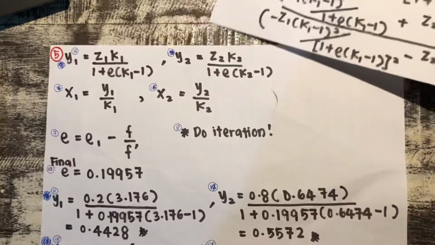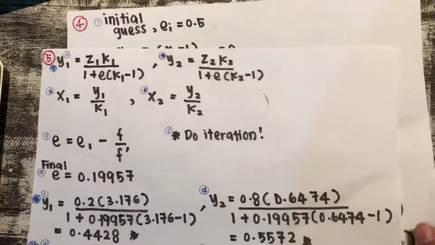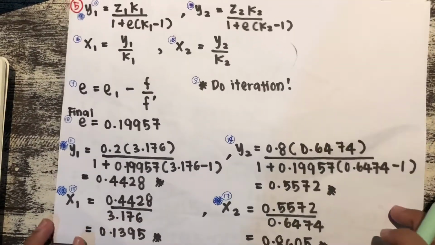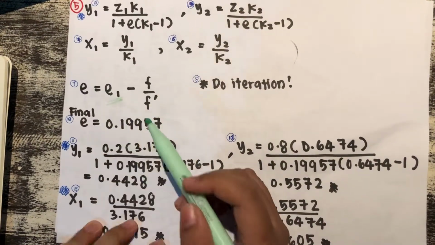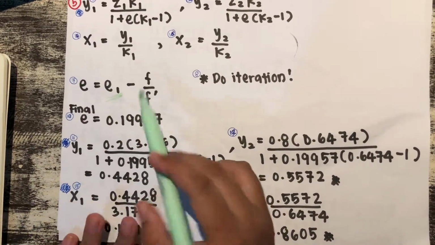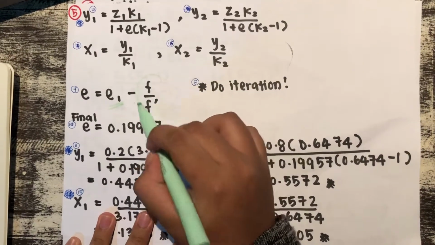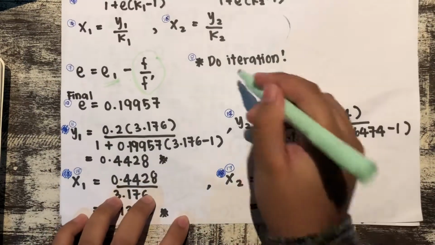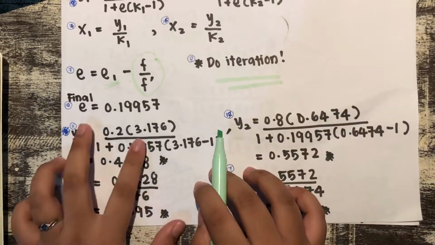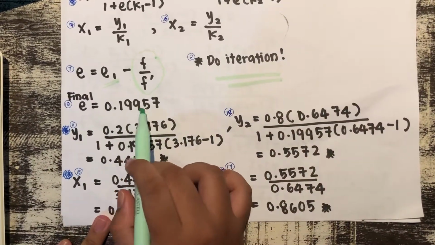Okay, so to find the iteration of every E, we will use this formula where E1 is the initial E. We will subtract from it the F over F prime that we got. So after doing the iteration, we will get the final E equal to 0.19957.